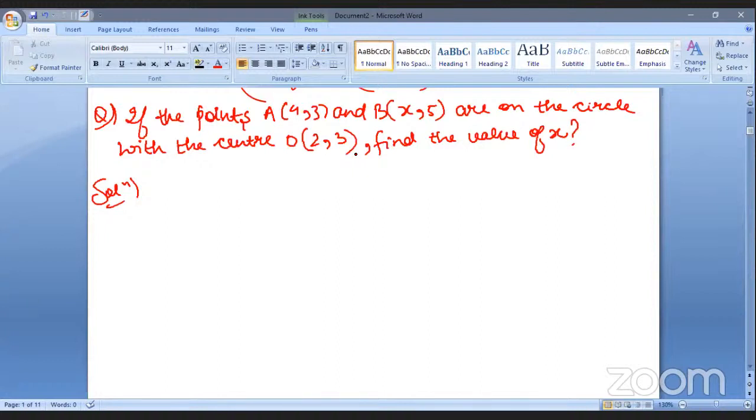Is AB the diameter or are they some different points on the circle? There are some different points on the circle. Okay.